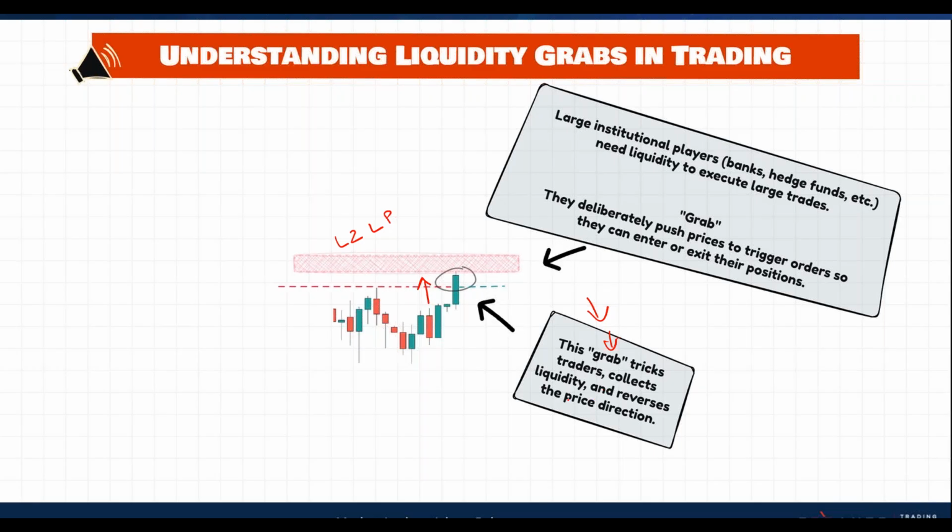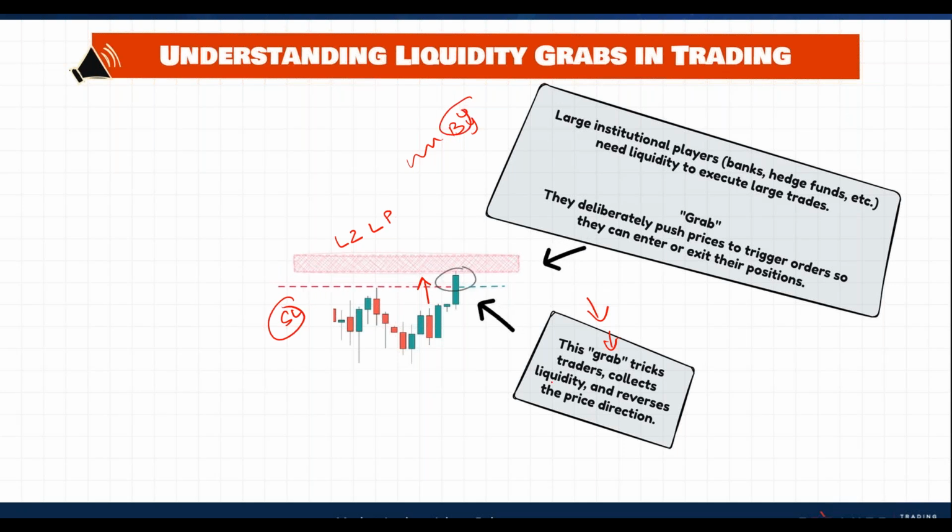What is the trick? The buyers think the market is going up and they take a buy position, and the sellers think the market is going up and they hit their stop loss. This is the trap.